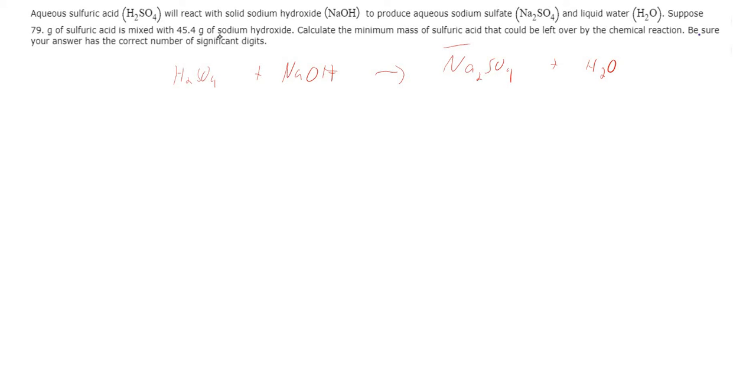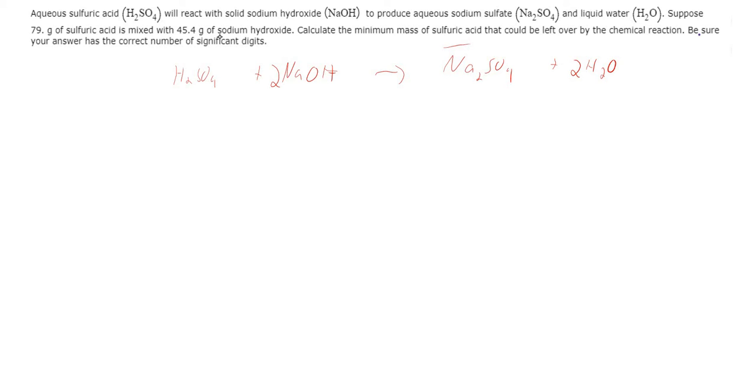I start with the metals. We have 2 sodiums right there, 2 sodiums. We have one sulfate. H2O, so we have 2 H's, so we have 4, so we probably need to put a 2 right there. So now I have everything balanced out how it needs to be.